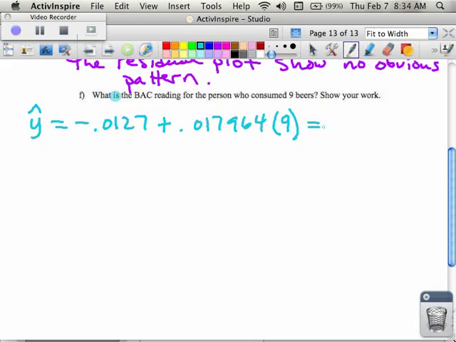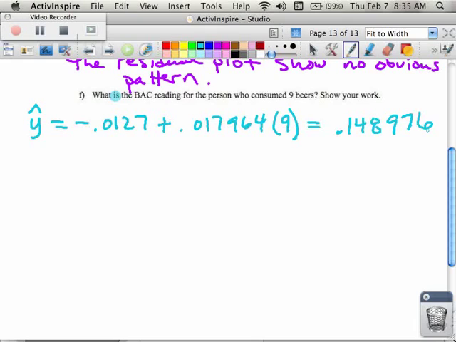And you got 0.148976. And I think most people in here did that and did a really good job. The problem is, what is that number? That's a prediction. That's not the actual blood alcohol content. That's the prediction. So now you need to find it.